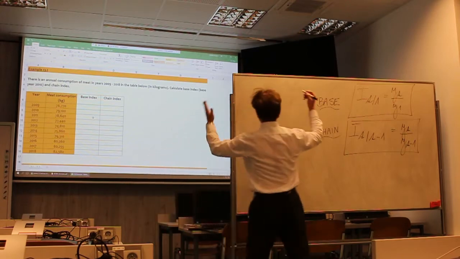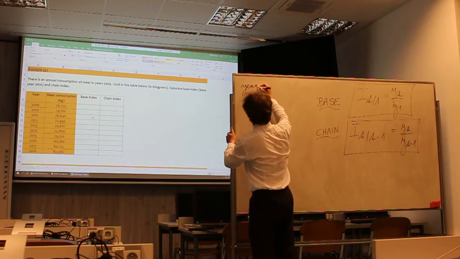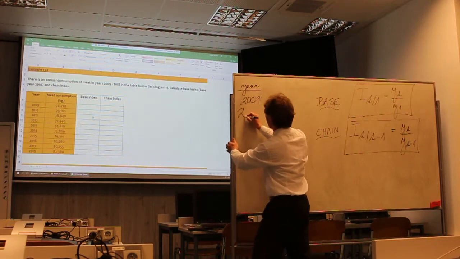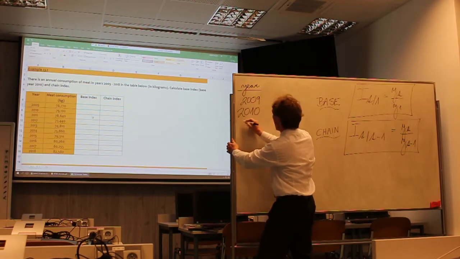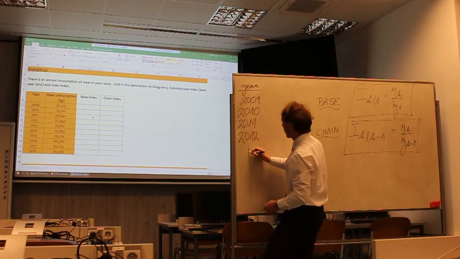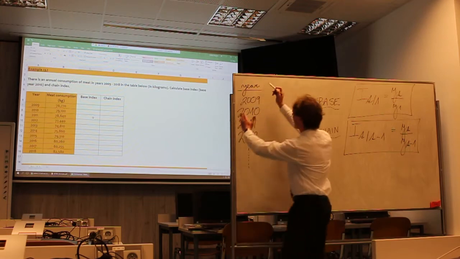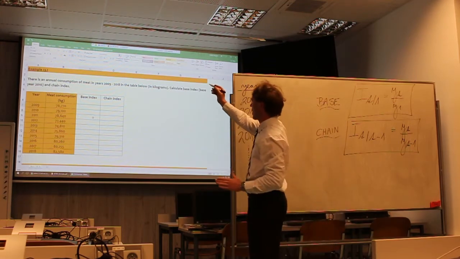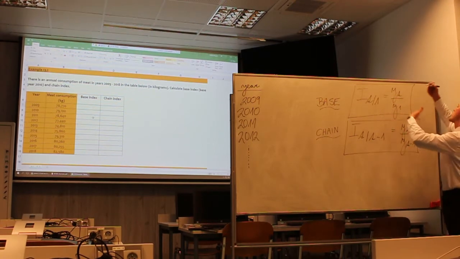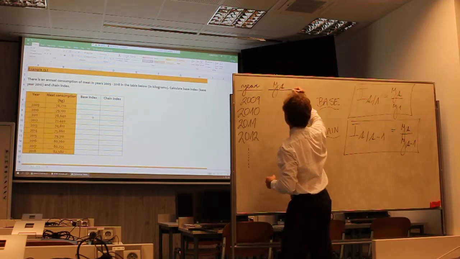So the structure of the table: we have the variable year, 2009, 2010, 2011, 2012, etc., and meat consumption. This is our observed variable y in time t.